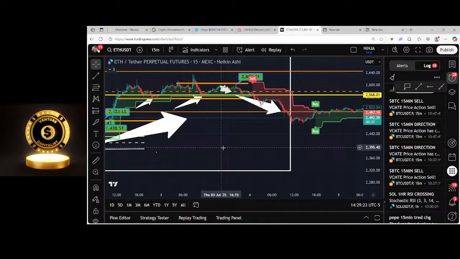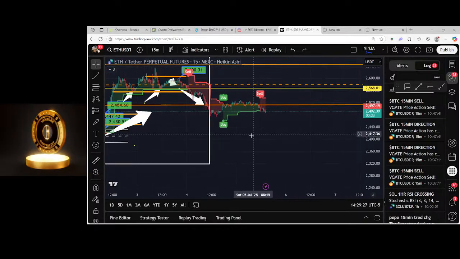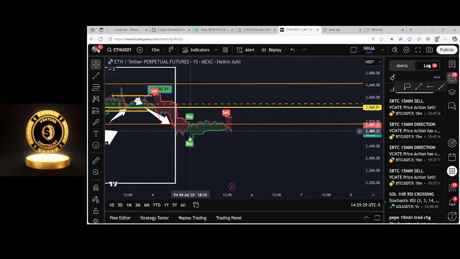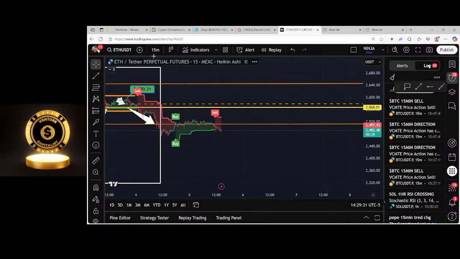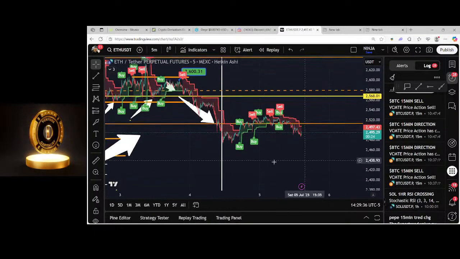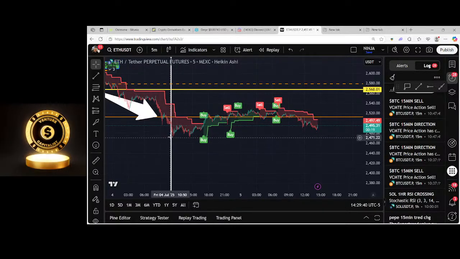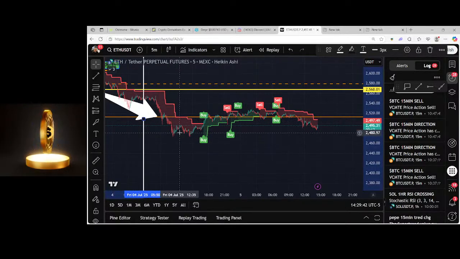So for instance, right now let's just take a look at Ethereum's previous move. You said 5 minute, so let me slide to the 5 minute. If I was looking at a 5 minute here, you can see this is the previous swing low right here.